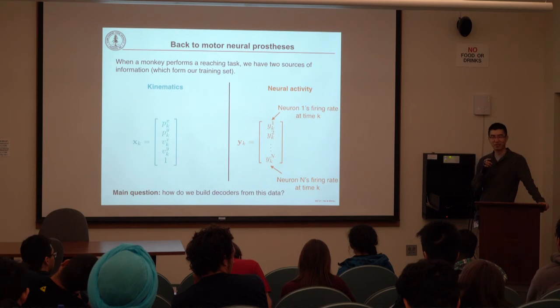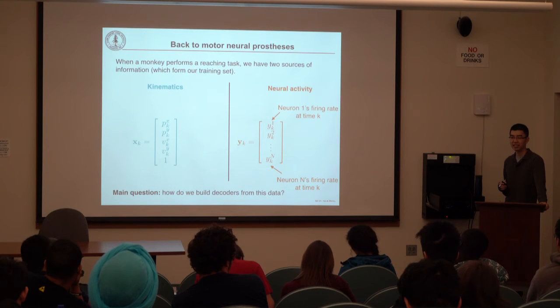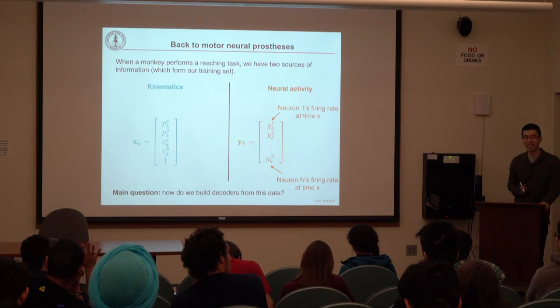So does anyone remember how we get an estimate of the neuron's firing rate? Yep, Brian? Do you just count the number of spikes and bin them? Yeah, that's exactly it.